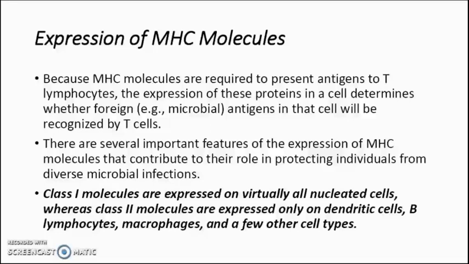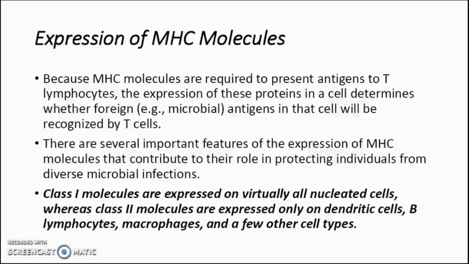Expression of MHC molecules. Because MHC molecules are required to present antigen to T lymphocytes, the expression of these proteins in a cell determines whether the antigen, for example a microbial antigen, in that cell will be recognized by T cells. There are several important features of the expression of MHC molecules that contribute to their role in protecting individuals from diverse microbial infections.